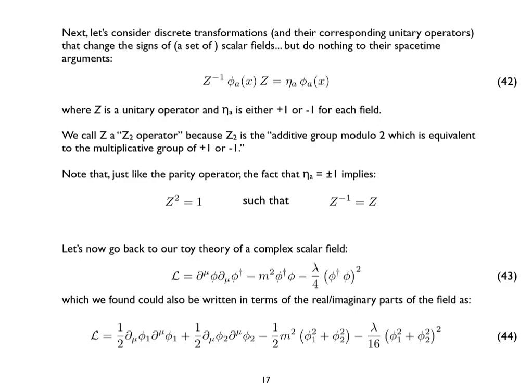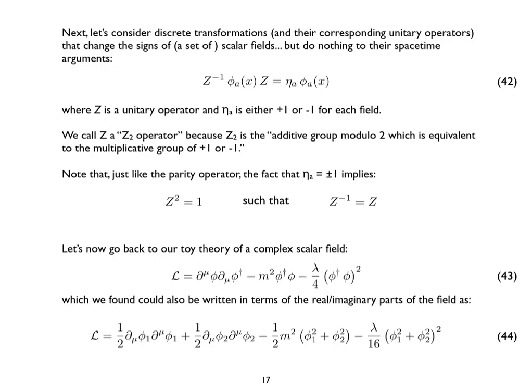Z is what we call a Z2 operator, and I think I copied this out of some book, but it's the additive group modulo 2, which is equivalent to the multiplicative group of plus or minus 1. All that means is that eta sub A has to be either plus or minus 1 if we're imposing the Z2 symmetry. Okay?